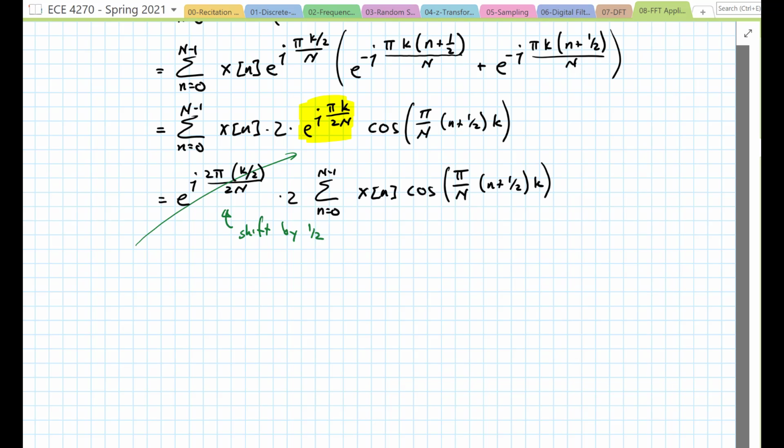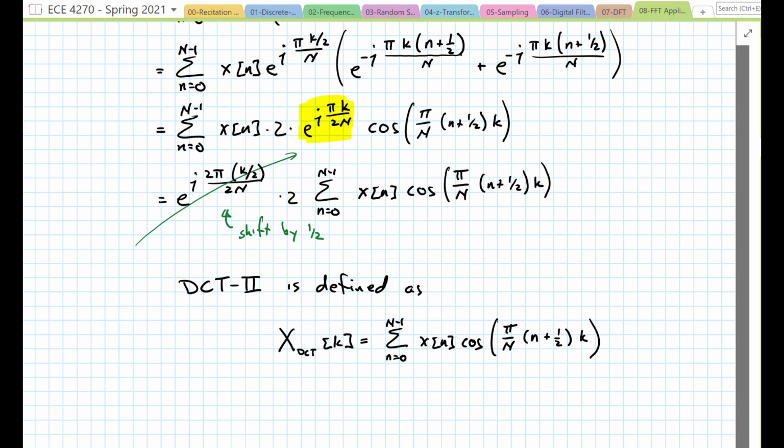So the actual DCT2 is defined as the sum of x of n, and now instead of the complex exponential we have cosine of pi over n times n plus 1/2 times k.